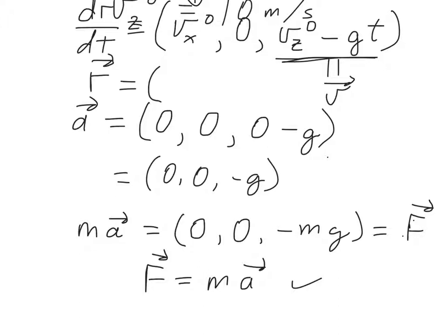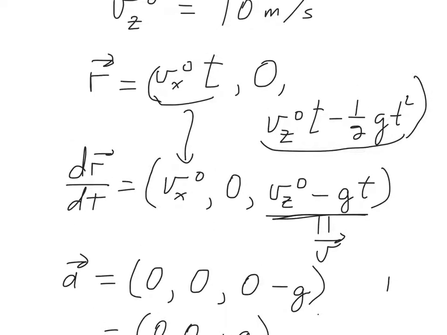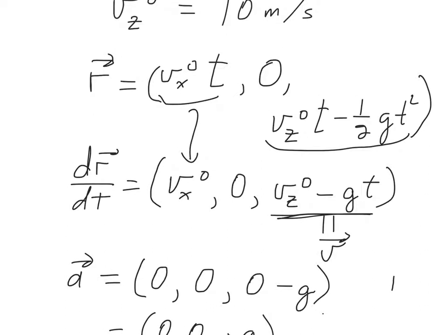At what time does the z component become equal to 0? So basically I'm setting this expression right here to 0. The particle initially moves upward, and at some point it returns to the ground, so set that to 0 and solve.